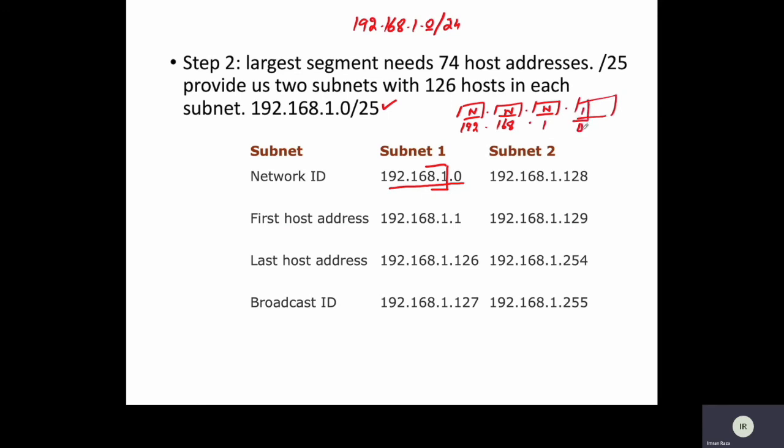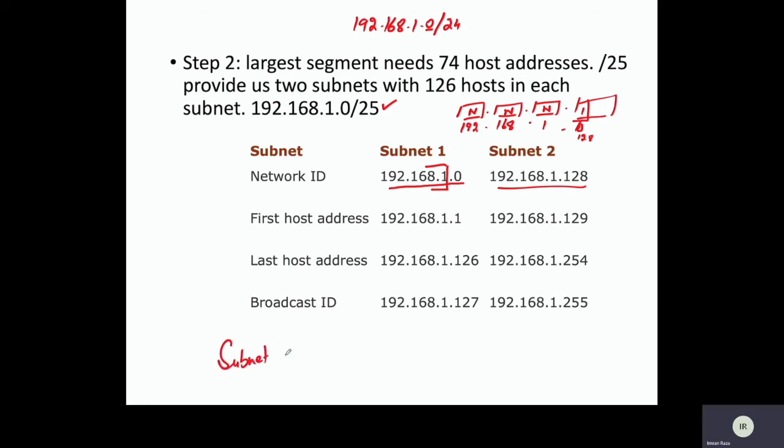Its value can either be 0 or 1. If its value is 0, I will have 192.168.1.0, and if its value is 1, I'll have 192.168.1.128. So there are two possible subnets, 192.168.1.0 or 192.168.1.128.